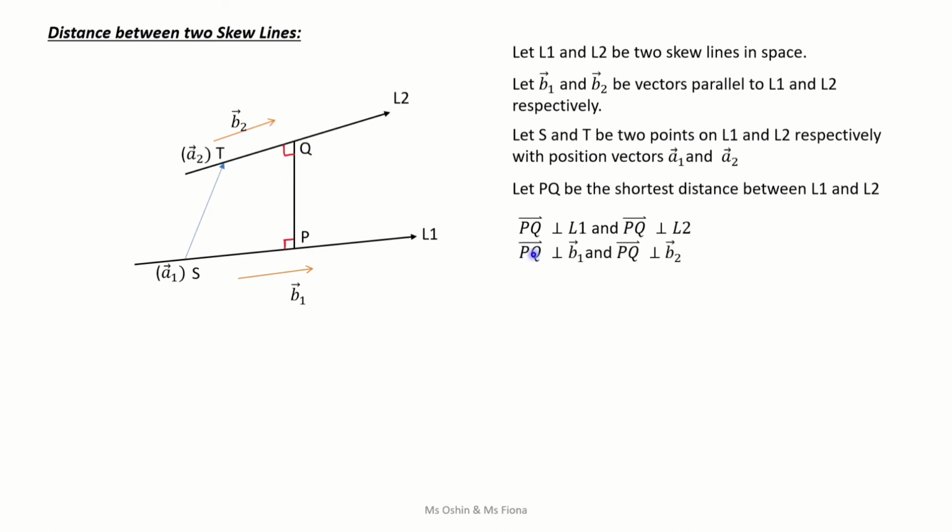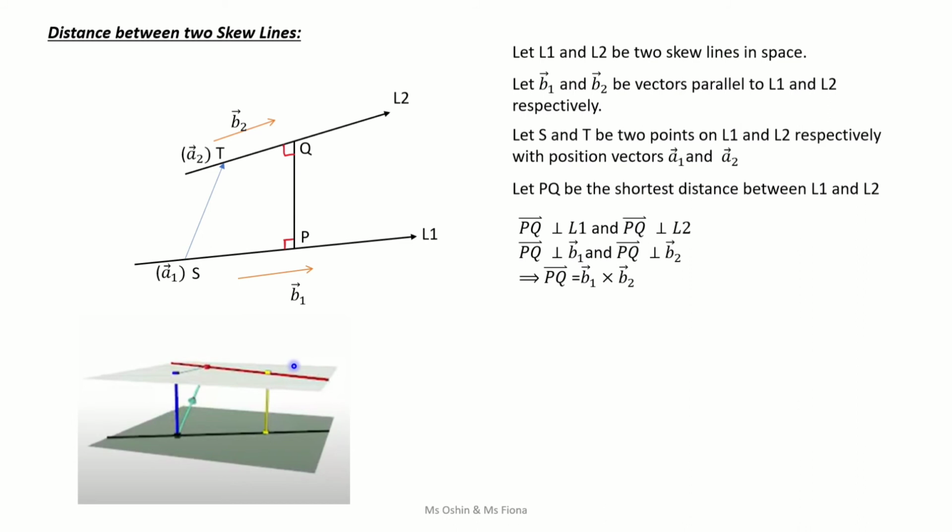Hence we get vector PQ is perpendicular to B1 and vector PQ is perpendicular to B2. So clearly the vector PQ has to be B1 vector cross B2 vector because we know that only the cross product will be perpendicular to both the vectors B1 vector and B2 vector. So vector PQ has to be equal to B1 vector cross B2 vector.